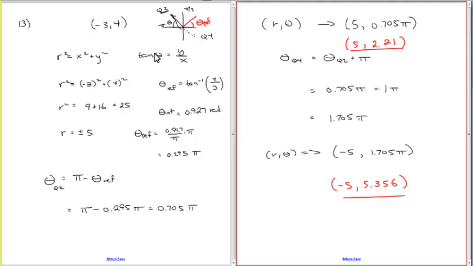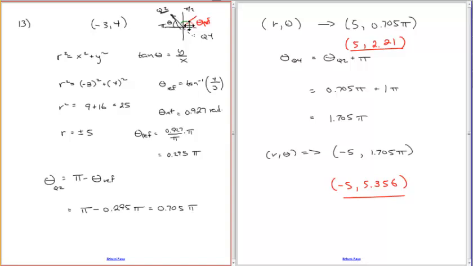So again, what we do is we use these two conversions. We find that the radius can either be plus or minus 5. Based on the original coordinates, that place is in the second quadrant. So we know with the positive r that we're going to have this angle, which let me just show by the green here.